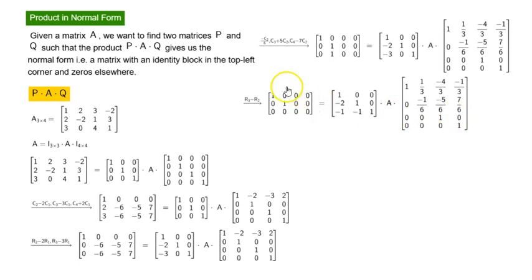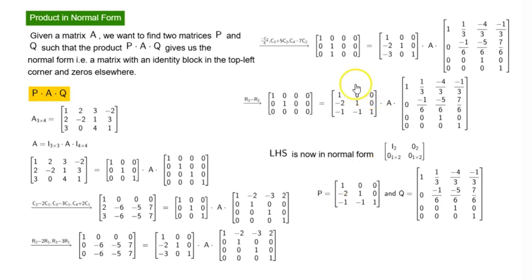So now you notice that we have arrived at the normal form on the left-hand side, and we have arrived at this matrix as the prefactor of A, and this matrix as the postfactor of A. The LHS is in normal form.